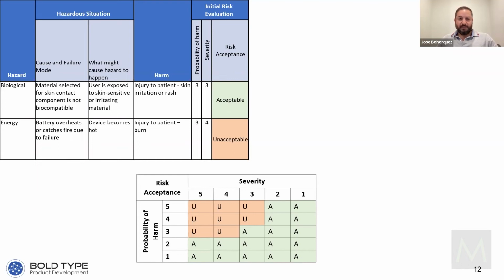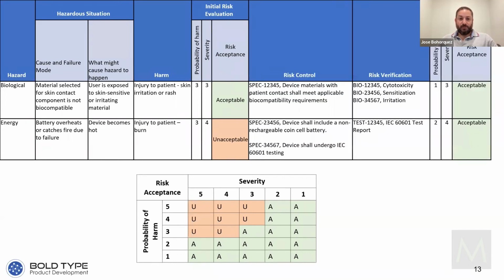We're now going to the next slide that shows us, okay, we implement a control, and Jackie, feel free to continue. Yeah, so after you've applied a risk control, you want to identify what you did to mitigate the risk. In the case of biocompatibility or biological risk, you're probably going to do some type of biocompatibility testing, or you're going to have a specification that ensures that you do biocompatibility testing for at least a patient-contacting component.